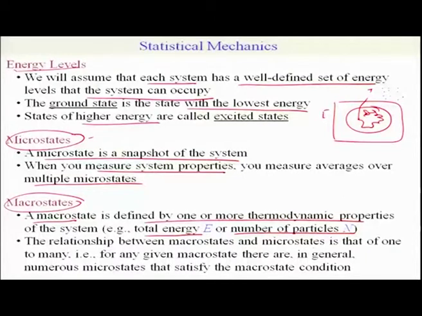A macrostate can have many different microstates. The relation between macrostate and microstate is one to many. That means for a given macrostate, say with total energy and number of particles N fixed, there are in general numerous microstates that satisfy the macrostate conditions. There could be many microstates having a total energy E, number of particles N, and a constant volume, for example.